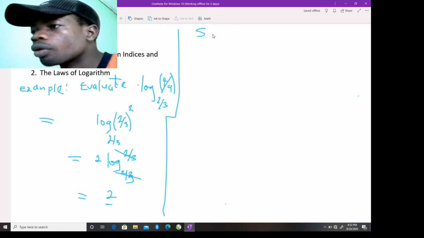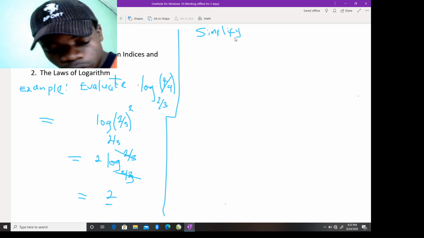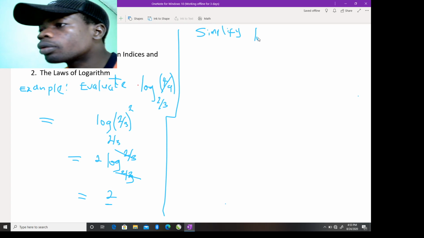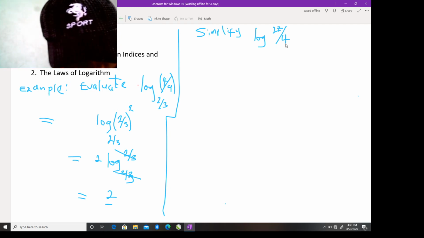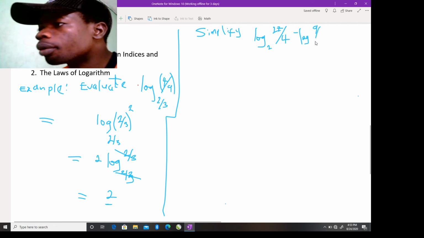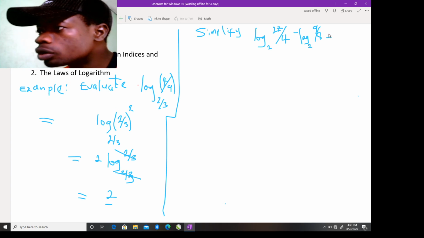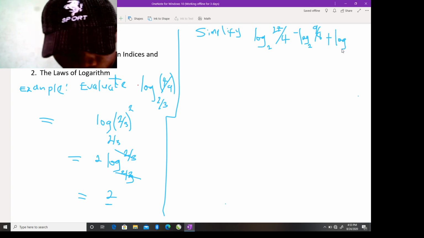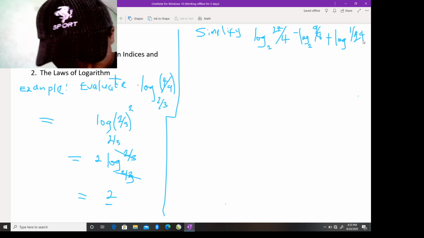Simplify log 27 by 4 in base 2, then minus log 9 by 8 in base 2, then plus log 1 divided by 24 in base 2.